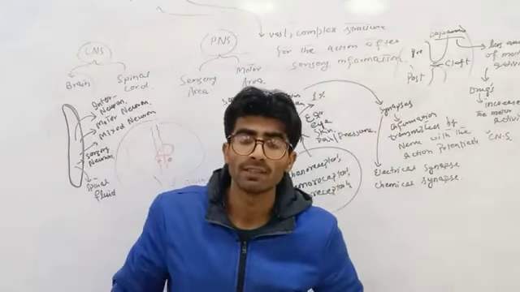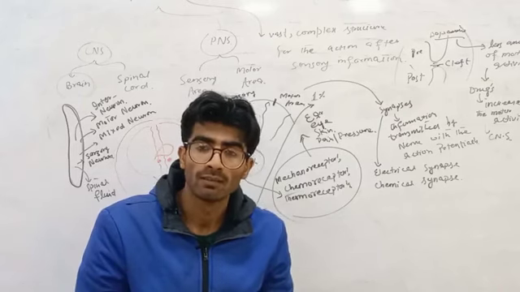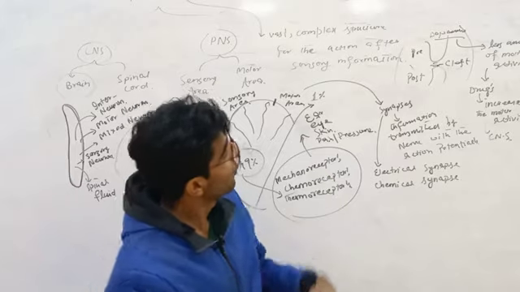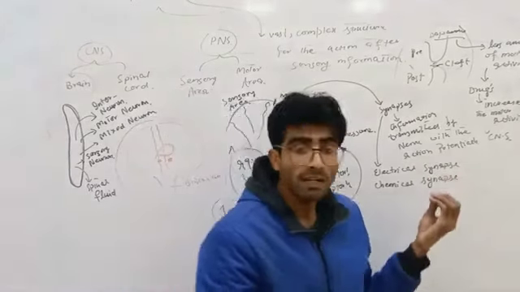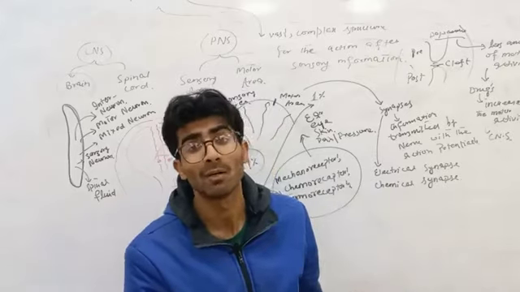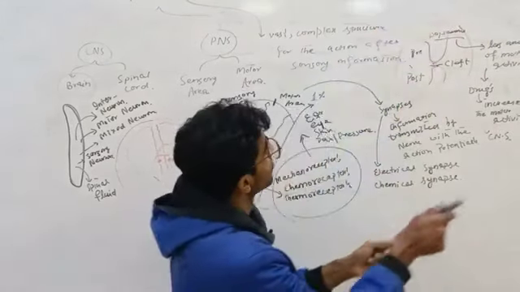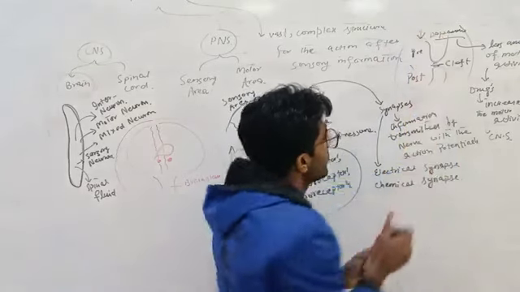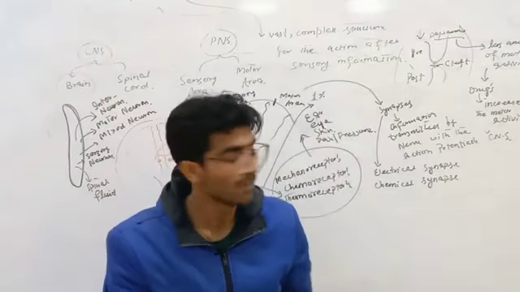Sometimes in the synapses there is a less amount of dopamine concentration, and also a less amount of serotonin concentration. When there is less dopamine concentration, it means there is less motor activity. So with the help of drugs, we increase the motor activity in the central nervous system.